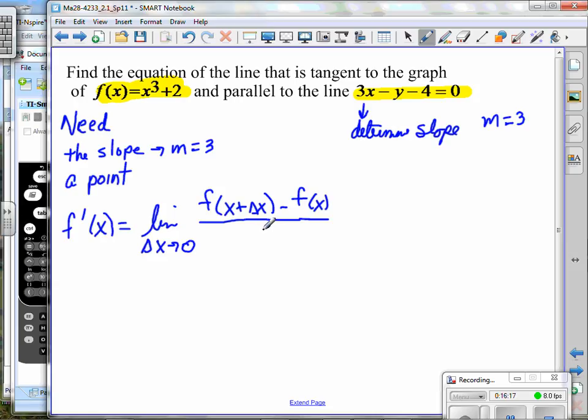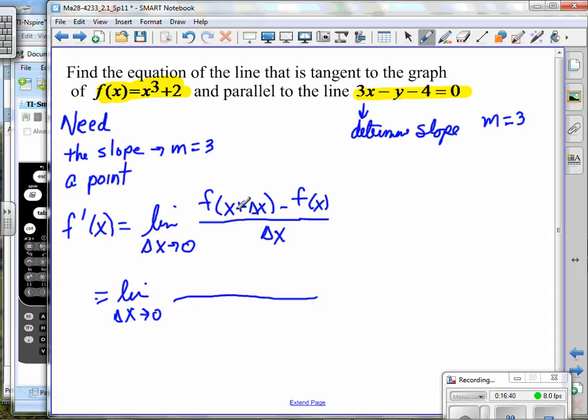And what does that become down here? Delta x. Now, for us, we've got the limit as delta x goes to 0. And I now need to interpret what is f of x plus delta x.